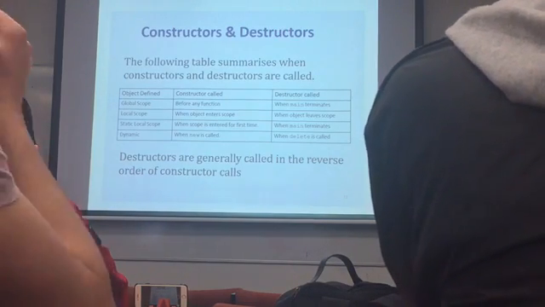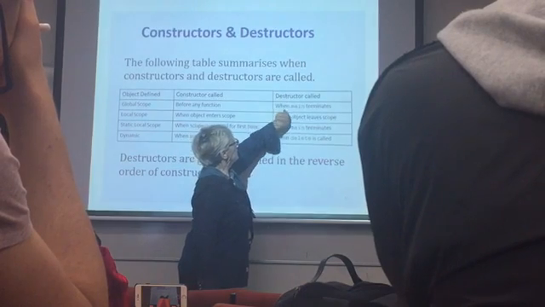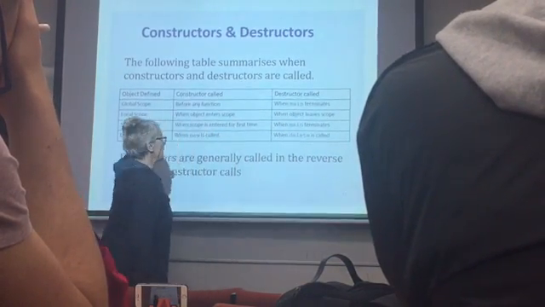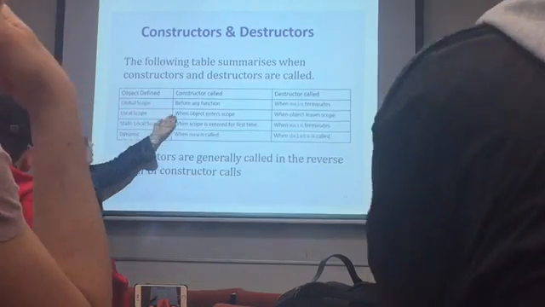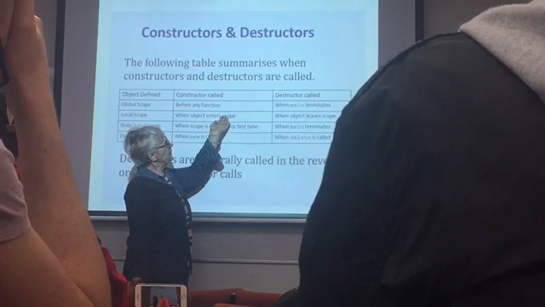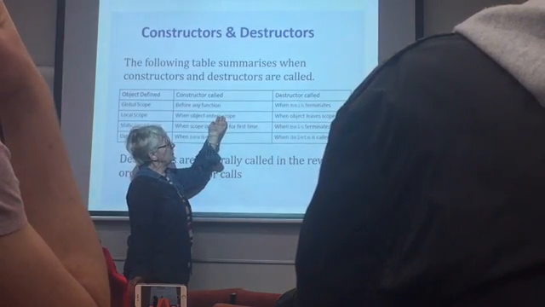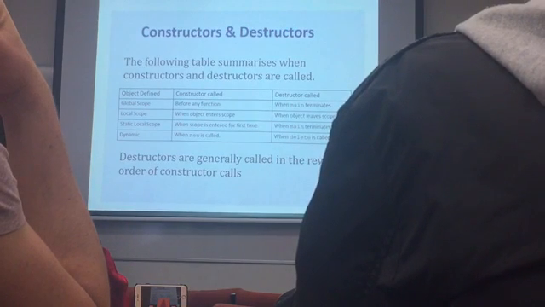So, as you can see, the constructor is called before any function. The destructor is called when main terminates. At local scope, the constructor is called when we define that variable and the destructor when the object ends its scope.